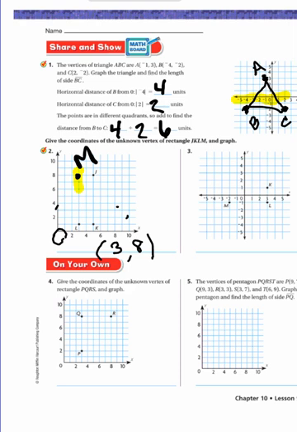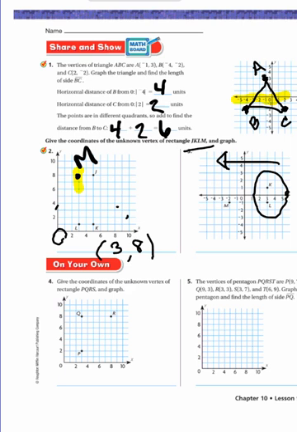Okay. And now on to number 3. You have K, L, and M, but we need J to come first. So J is going to be on the left side of K because we know it has to be in order. The relationship here between K and L, they are 2 units away.